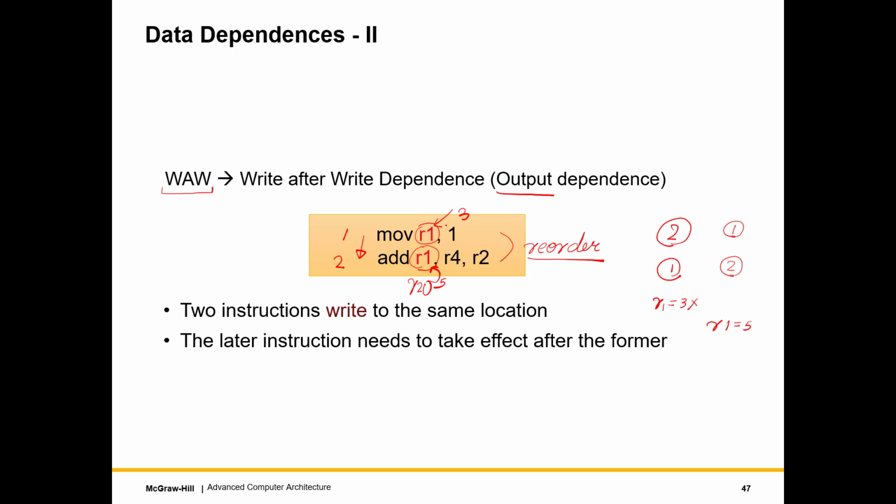So every time I have R1, if I assign it to a new register, then I will never have an output dependence. But since I have a finite number of registers, I need to reuse registers. This is where the output dependence comes in. So this is essentially an artifact of the finite number of registers.